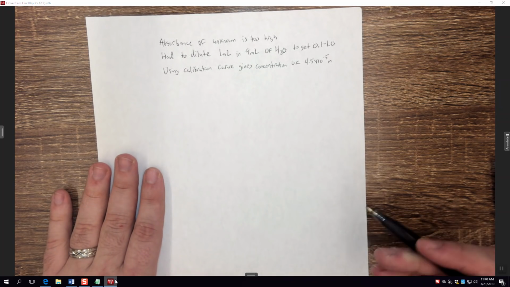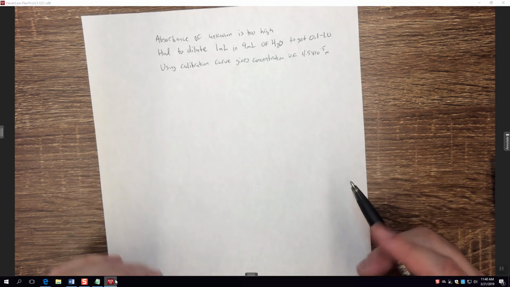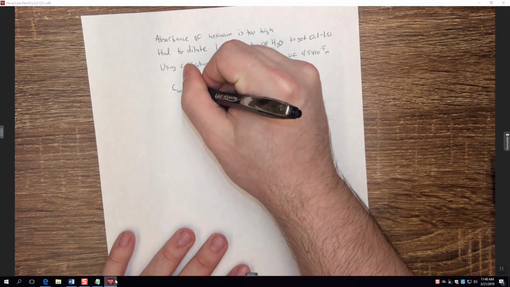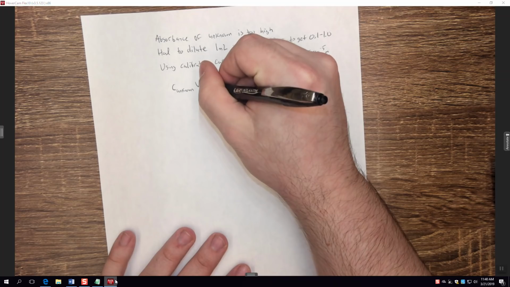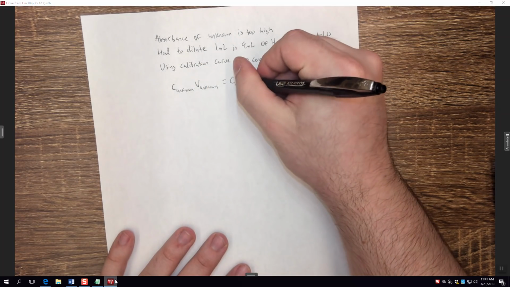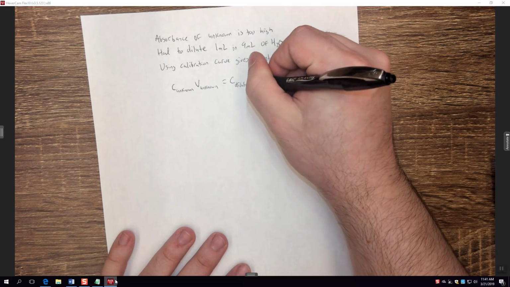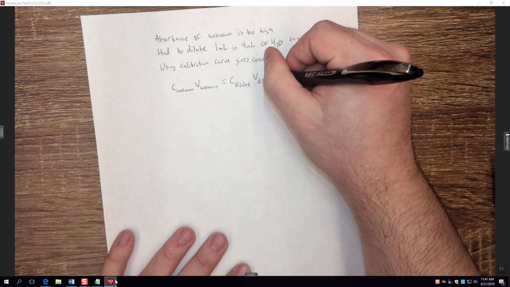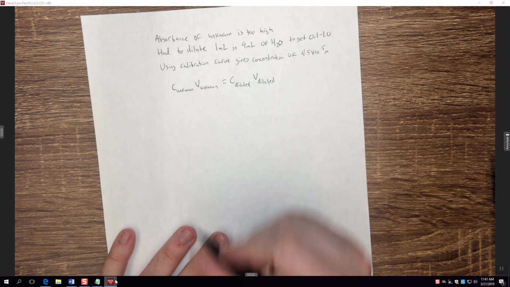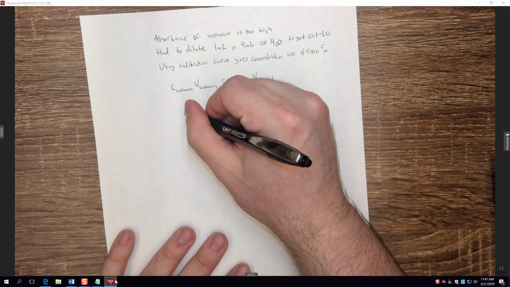So to do that, I'm going to use a variation of C1V1 equals C2V2. In this case, I'm going to say C unknown times the volume of the unknown is equal to the concentration of the diluted sample times the volume of the diluted sample. So the concentration of the unknown is what we're going to be solving for, so that's going to stay as a variable.